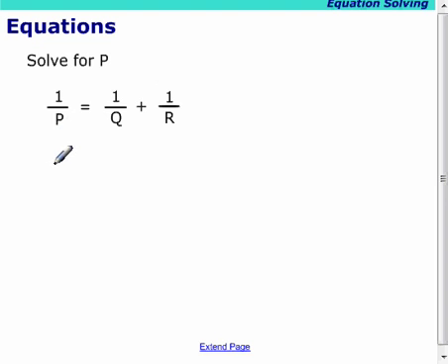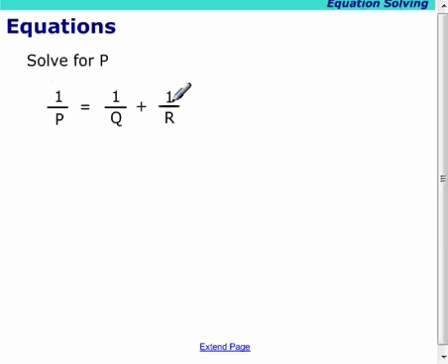I can't just flip things over and say p is equal to q plus r. That's breaking rules of BEDMAS, because I have to get these things together before I do any inverting. So I can't simply do that. But I have seen how to solve rational equations: use the I hate fractions rule.